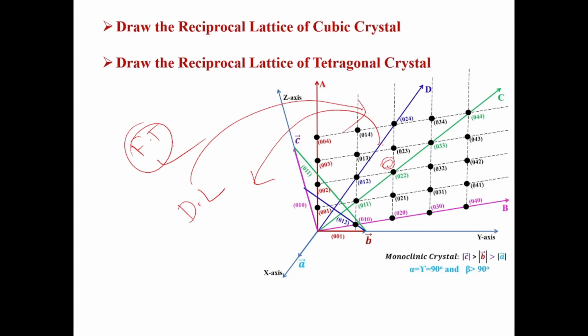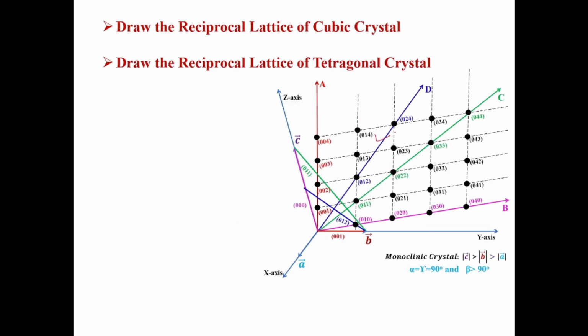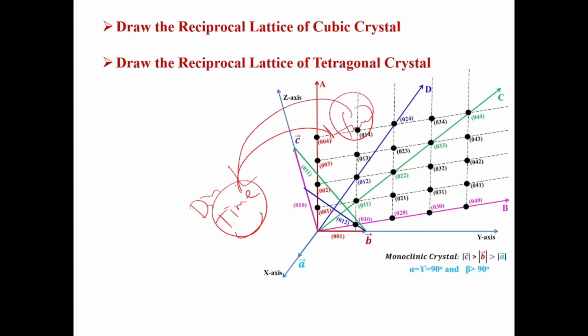Because we know that the Fourier transform is the mathematical tool which transforms one space to another, time domain to frequency domain. If we consider the reciprocal lattice to be in the frequency domain, then the direct lattice is in the time domain. Frequently we can transform time domain to frequency domain and frequency domain to time domain by using the Fourier transform, that we know.